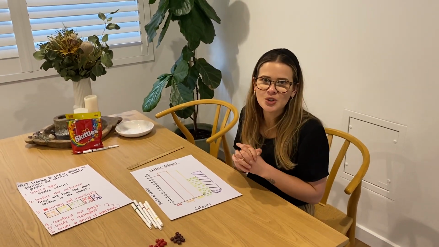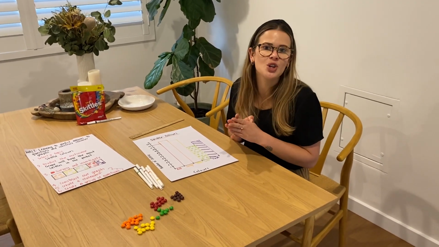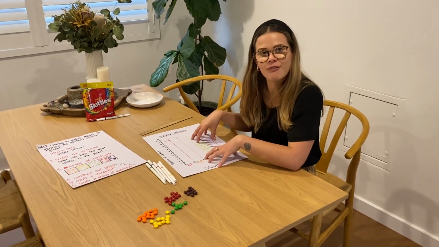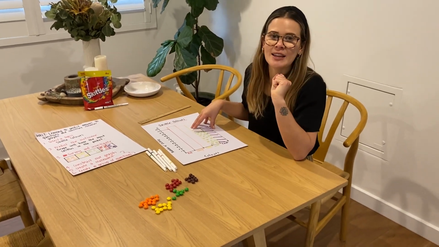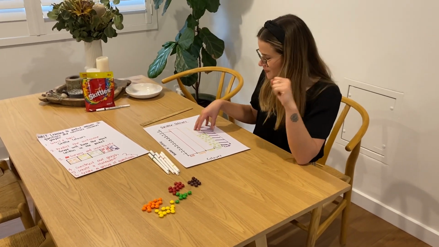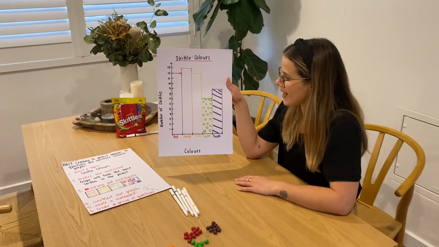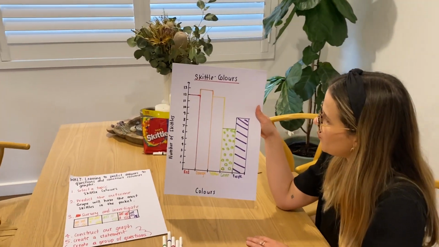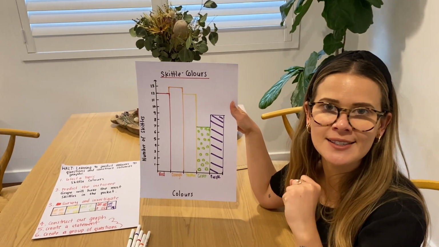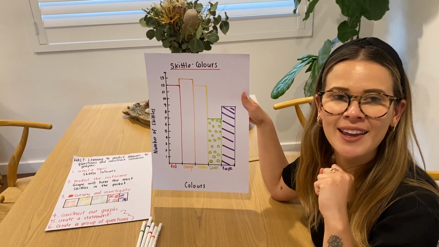And then for those students who want that extra challenge, you are then going to create questions based on your graph. So these questions you might give to your family members or maybe to another classmate in your class. So for example, a question that you could write down about this data would be, what two colours had the same amount of Skittles in the packet?